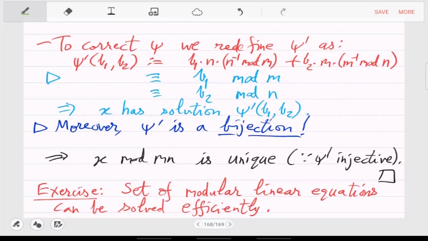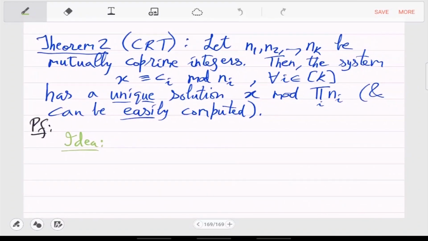Psi prime here we had defined as B1 n times n inverse. So similarly, psi prime for C1 through Ck should be what? C1 times N1 times N1 inverse, but modulo what?